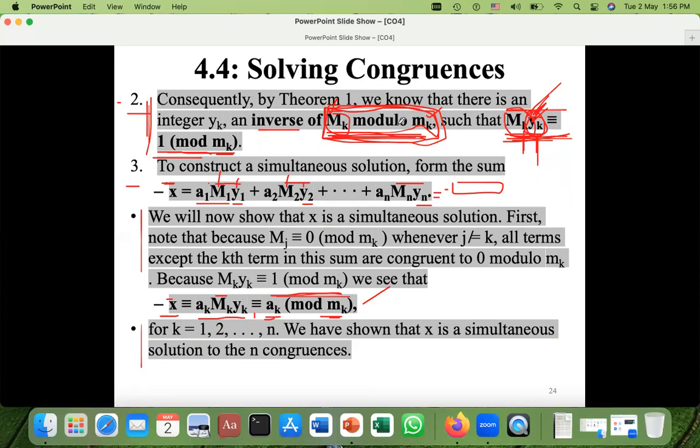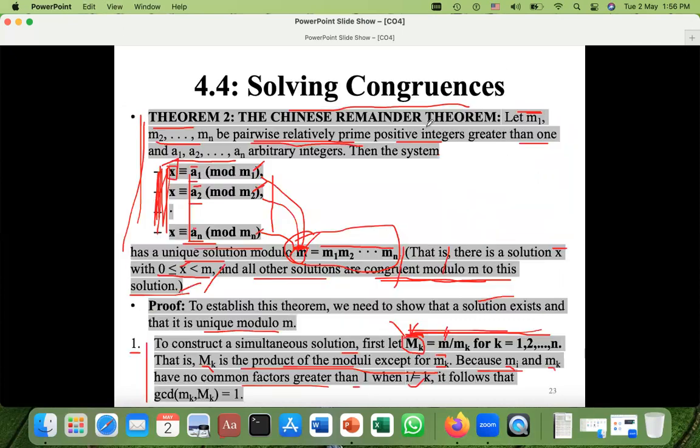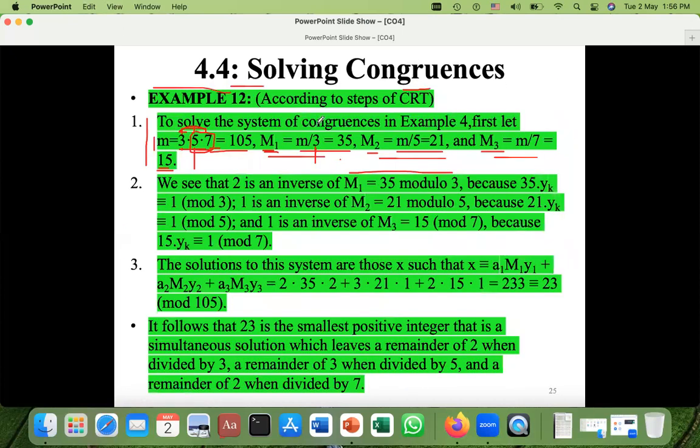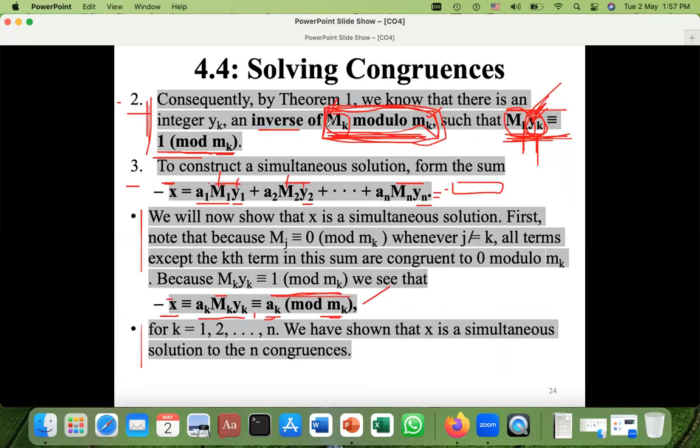What are the values for small m1 in this question? For the small m1, the value is 3, which is also mentioned here. And what is the value for capital M1?